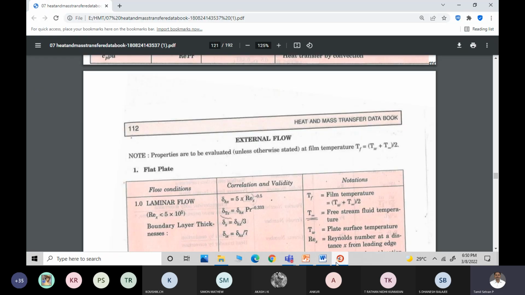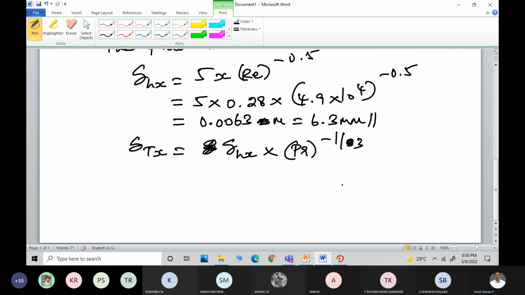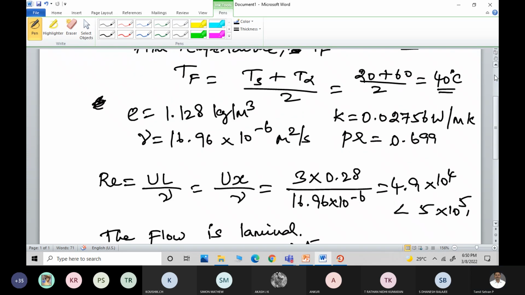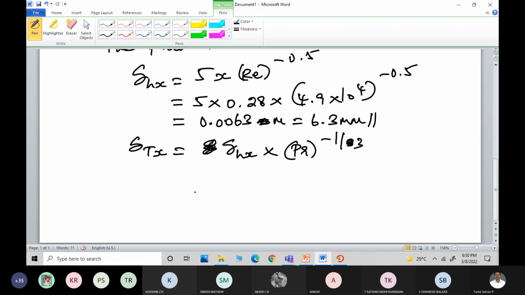Am I correct? Now find out the thermal boundary layer thickness. Find it out faster. How much, in meters?